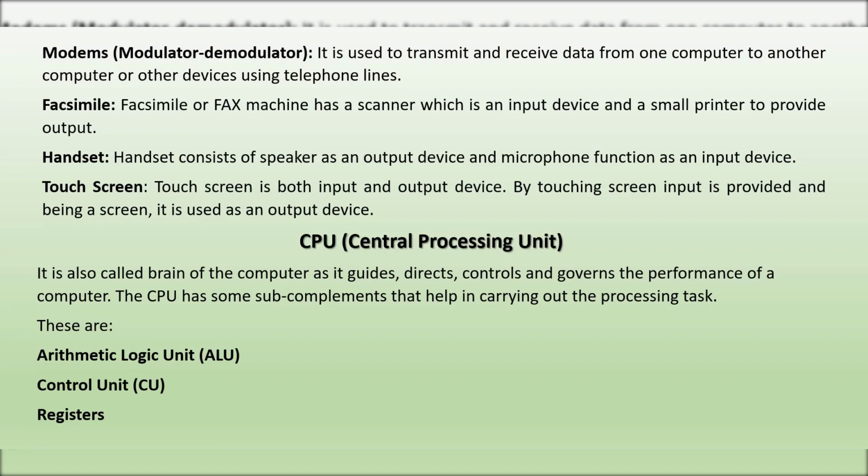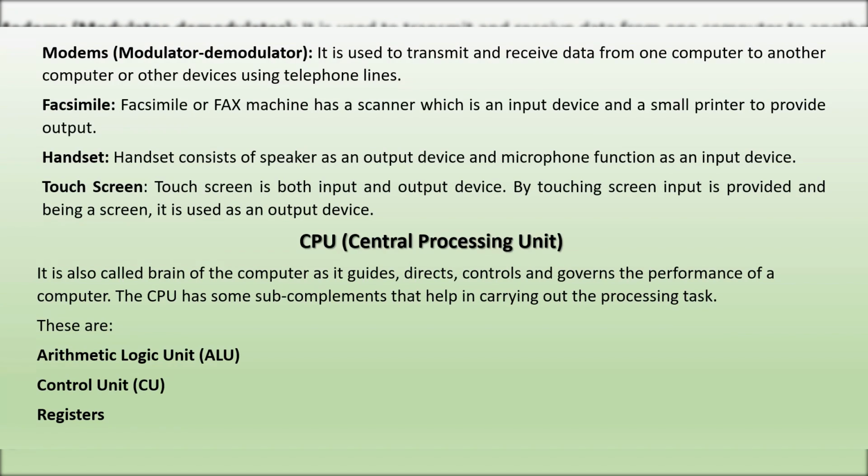Okay. Next point is CPU, Central Processing Unit. It is also called the brain of the computer, as it guides, directs, controls and governs the performance of a computer. Okay. CPU has some sub-components that help in carrying out the processing tasks.